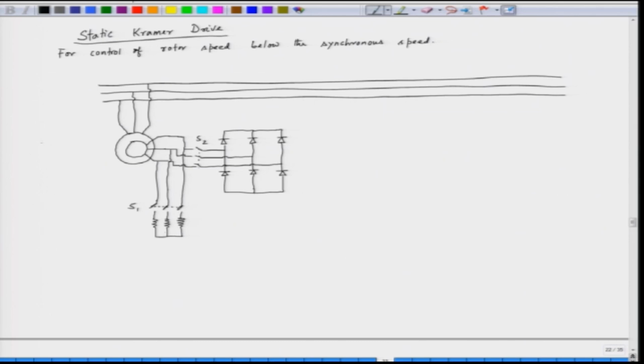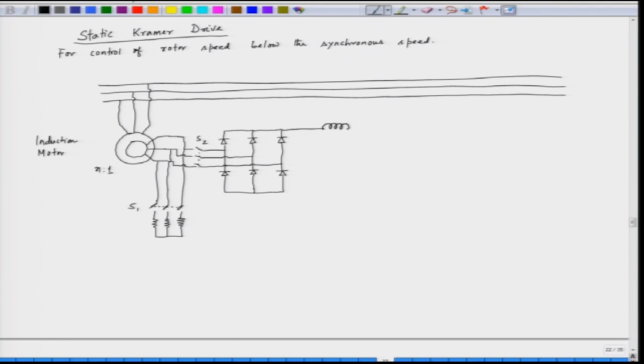So, this is the induction motor, and the stator to rotor turns ratio is n:1. And then we have the DC link.